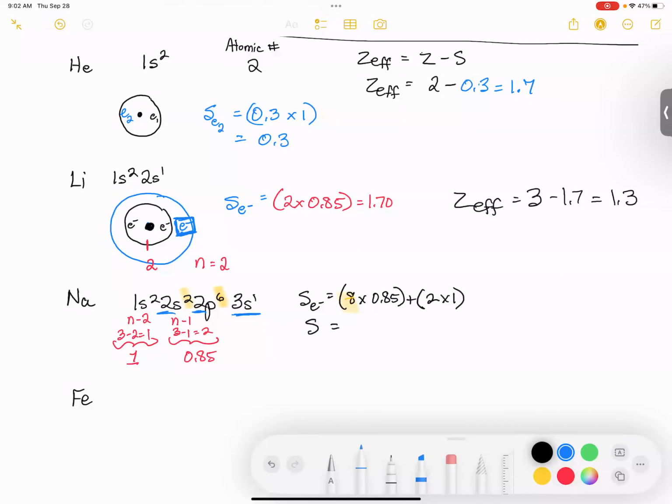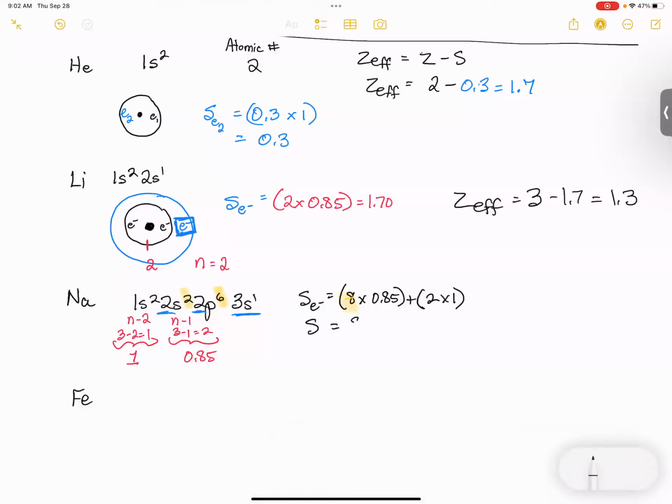So this comes out to be equal to 8.8. So our Z effective is going to equal 11 minus 8.8, which is 2.2. That is the Z effective on the sodium.